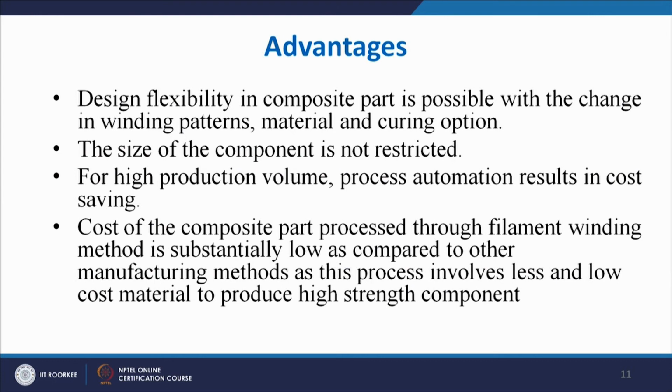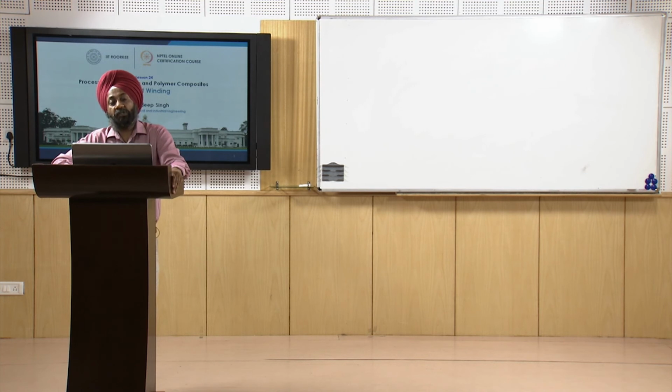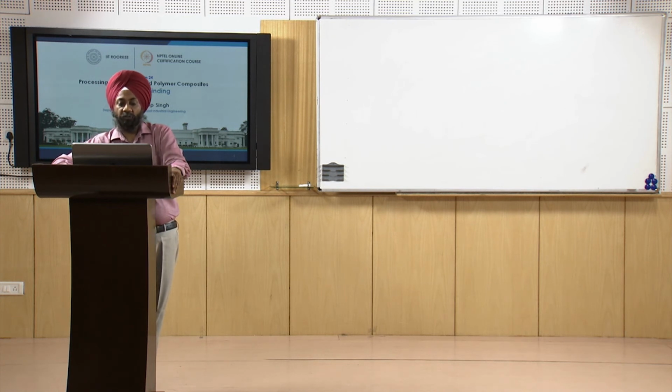Cost of the composite part processed through filament winding is substantially low compared to other manufacturing methods, as this process involves less and low cost material to produce a high strength component. Again from an industrial engineering point of view, the cost of raw materials involved is less in filament winding.